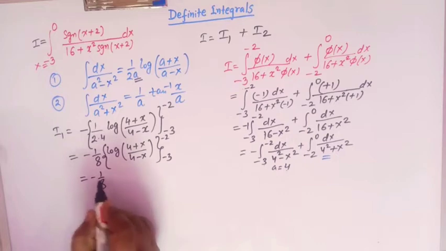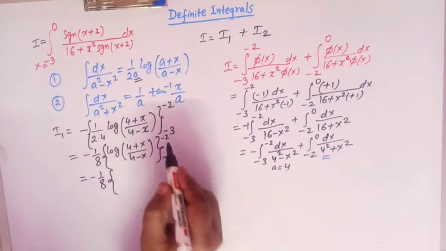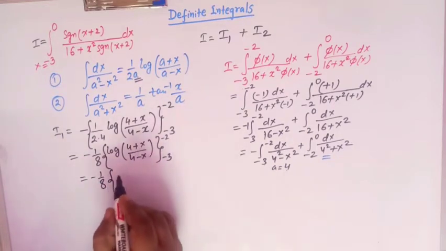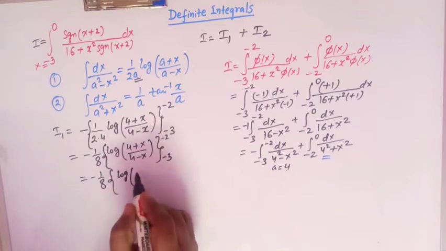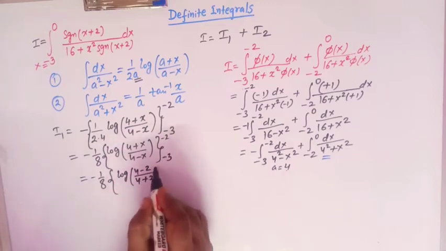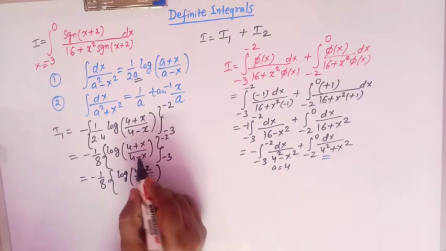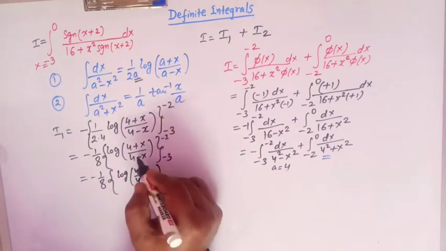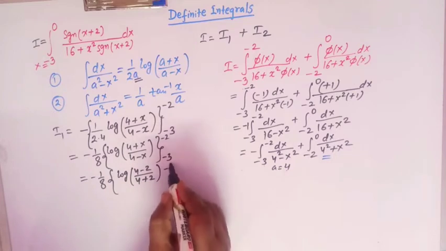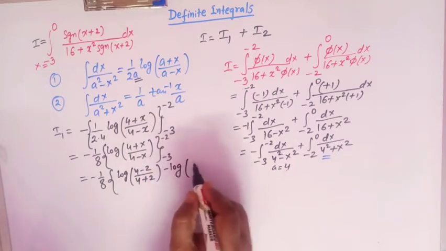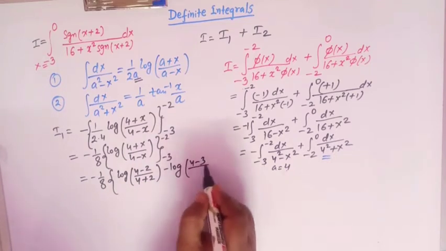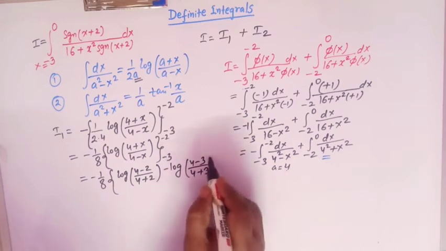Now we can substitute x equal to minus 2 over here, so we have log of (4 minus 2) over (4 plus 2), and for the lower limit, log of (4 minus 3) over (4 plus 3).